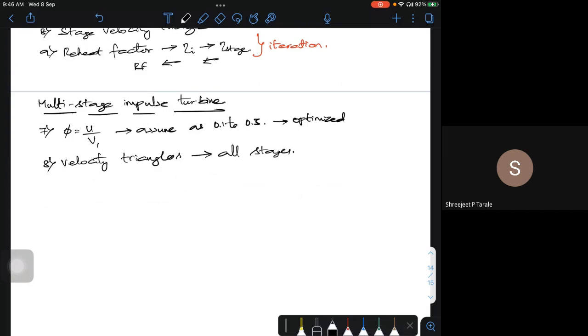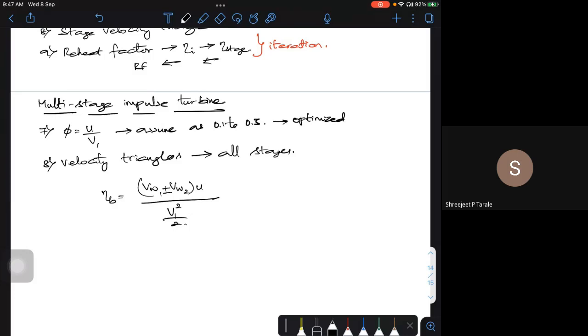Once they draw this triangle, for any multiple stage, you know the blade efficiency is given by, hope you remember, (VW1 plus or minus VW2, depending upon the direction) into U divided by V1 square by 2. Now, what is this V1? V1 is the inlet absolute velocity.